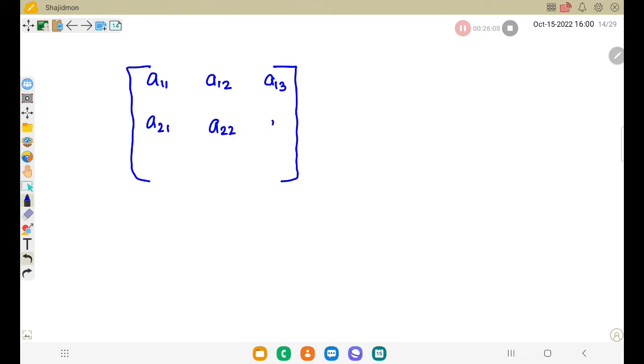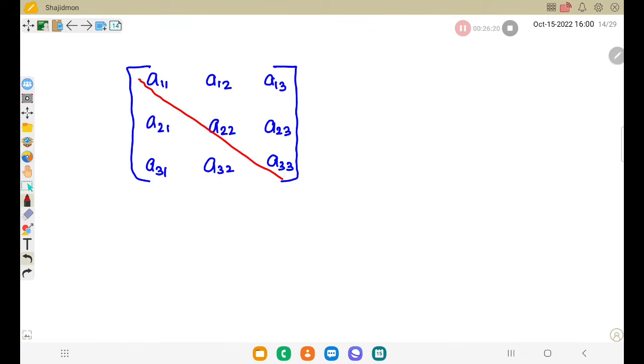For example, I am writing a 3 by 3 matrix here. First row A11, A12, A13. We studied the general form in section 2.1. This is A21, A22, A23 and A31, A32, A33, correct? Now, what are the diagonal numbers?